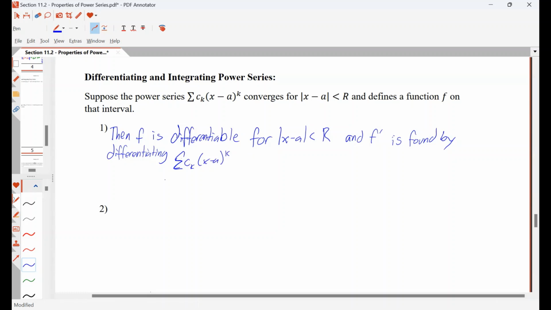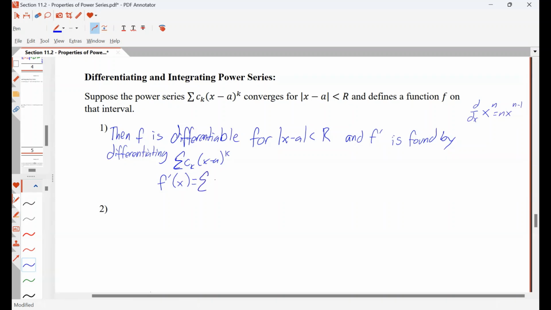Differentiating this, f prime of x equals, we are just using the power rule: x to the n, when we take the derivative, is n x to the n minus 1.